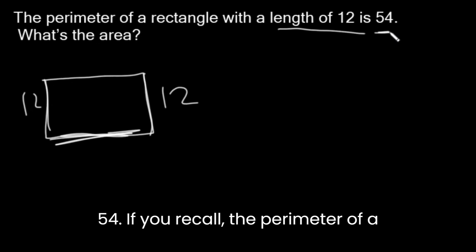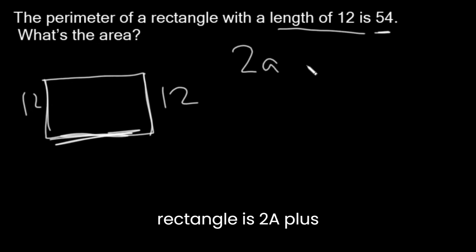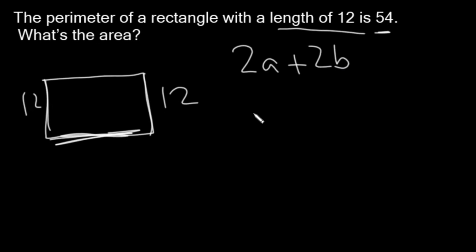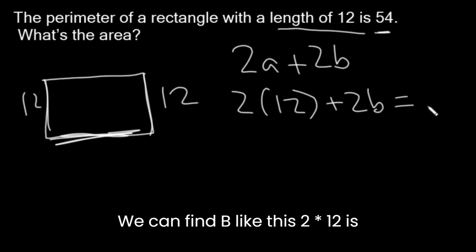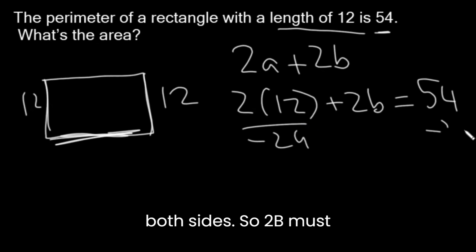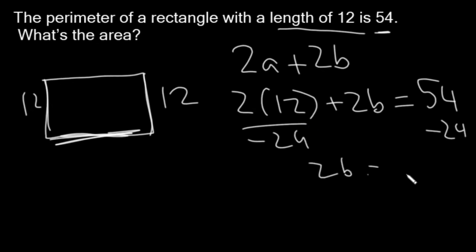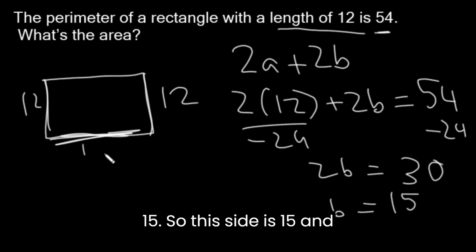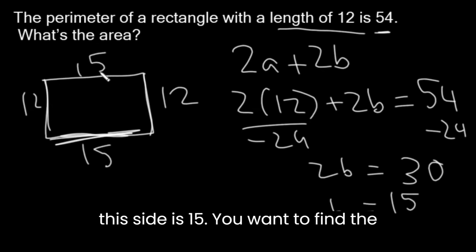If you recall, the perimeter of a rectangle is 2a plus 2b, where a and b are the sides. If a is 12, we can find b, like this. 2 times 12 is 24, and we can subtract 24 on both sides. So 2b must be equal to 30, and so b must be equal to 15. So this side is 15, and this side is 15.